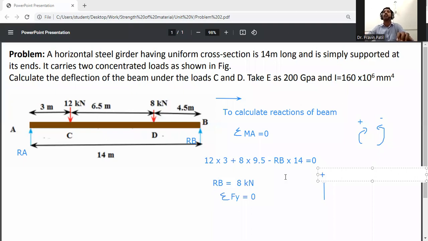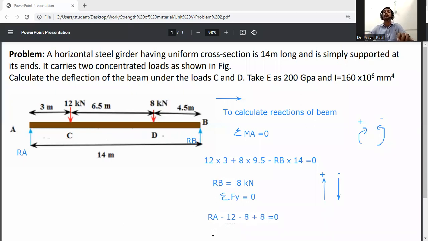If it is going downward, it will be taken negative value. So RA is going upward, then minus 12, then minus 8, then plus RB. RB we calculated as 8 kilonewton, so put 8 here, is equal to 0.